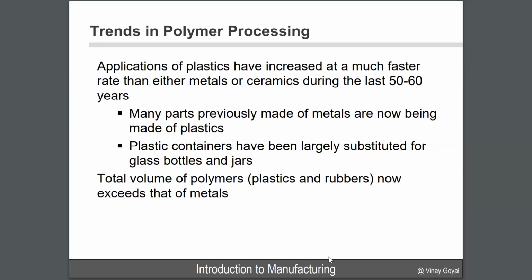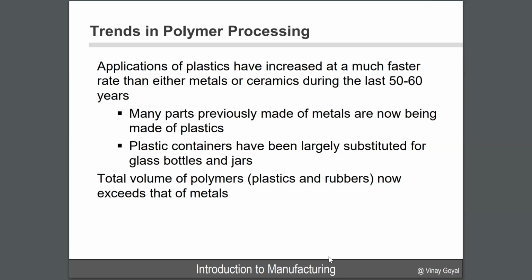Because of that, the cost can be reduced quite significantly. You don't have to rely on natural polymers from the environment. You can create them synthetically, which makes them a good replacement for metals, although if you're looking for strength performance, polymers may not get you there.